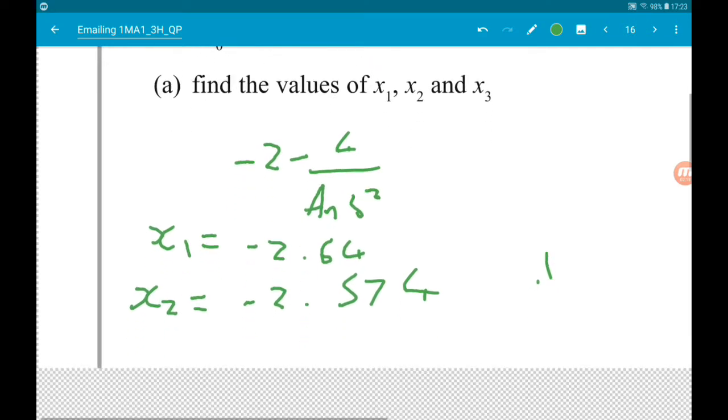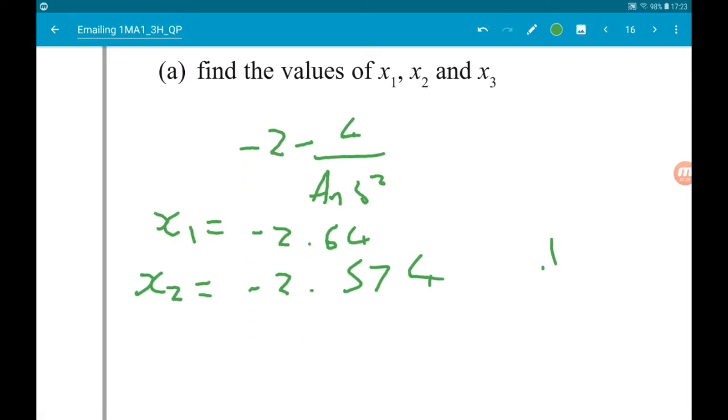Press equals again, and then there is x3. So for that, I get minus 2.604.